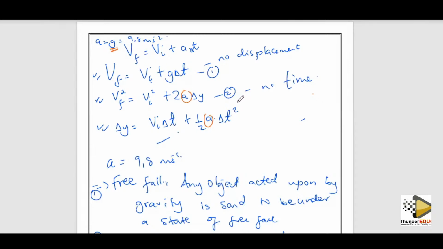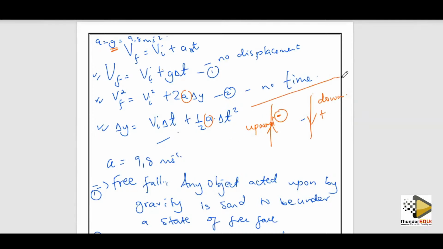Now, depending on the direction of motion, we need to take that into consideration. I usually prefer to take upward motion to be negative and downward motion to be positive. So if we're focusing on downward, this will be plus, plus, and plus. If it's an upward motion, this will be minus, minus, and minus.